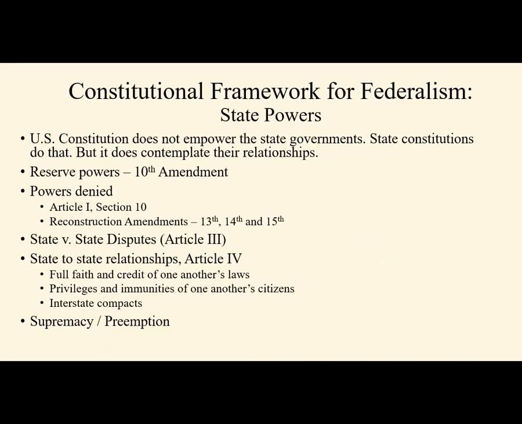So states may legislate in some of the same areas that the Congress, the national government, has legislated, but in the end, the national government's laws will preempt state laws, will have authority over state laws. So state laws can't contradict national laws on the same subject.